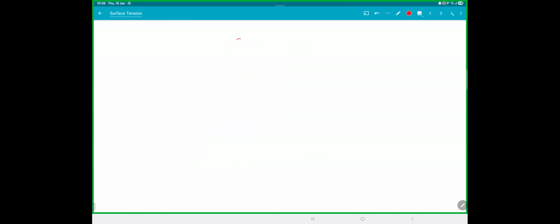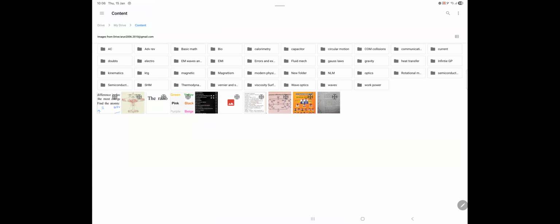So just to give you an idea, this is how it would actually look. Like I said, first of all, you really have to believe surface tension exists. Once you actually believe, it starts becoming easy.